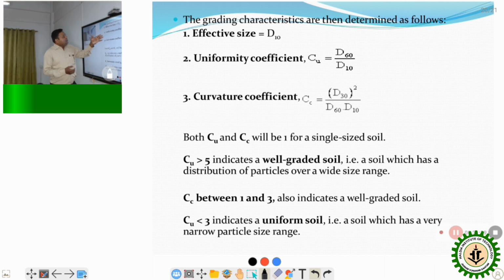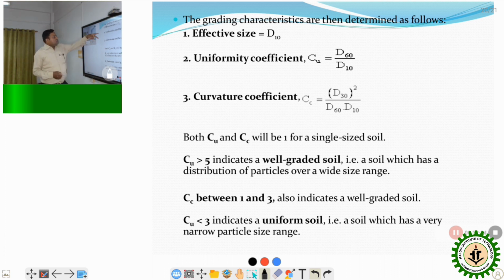Second one is the uniformity coefficient, CU, that is equal to D60 by D10. Next parameter, the curvature coefficient, CC, that is equal to D30 squared divided by D60 into D10.